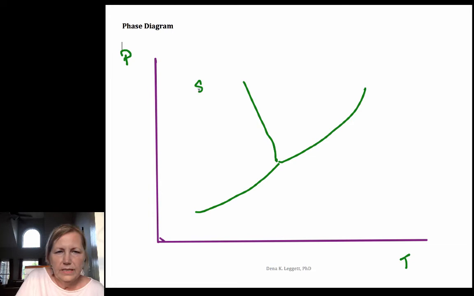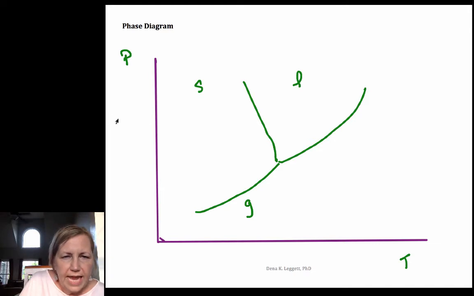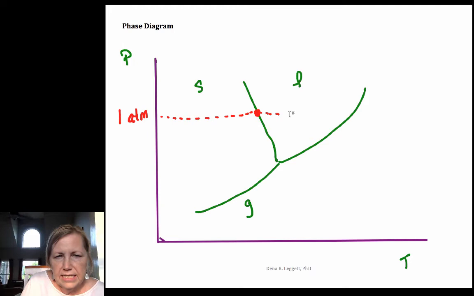Okay, remember that was solid, liquid, gas. If we are at 1 atmosphere of pressure, we use the word normal in front of the melting in that case and the boiling in that case.